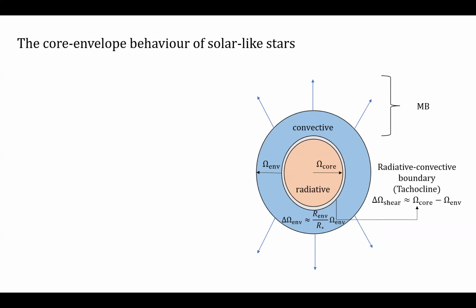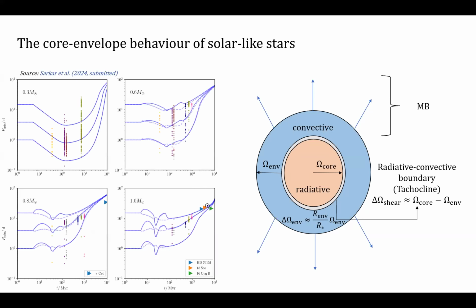We not only need the envelope spins to match with observations of spins of open clusters, we need the core and the envelope to attain co-rotation or near co-rotation by reasonable times, right? And this is not a bad thing. If we have two avenues to constrain our problems, it sort of becomes better. So what we did was we used our alpha omega dynamo prescription, made suitable adjustments, a few updates here and there. Of course, it has a few free parameters which we can use to adjust the tracks.